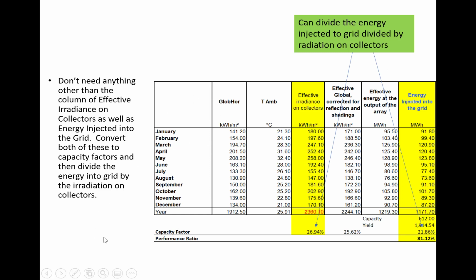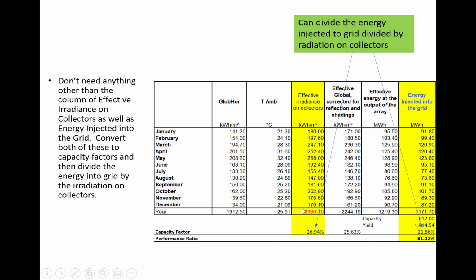And then what we're going to do is look at some PVsyst and some other software. And here's the effective irradiation on the collectors. And then they adjust this. But this is the one they used.